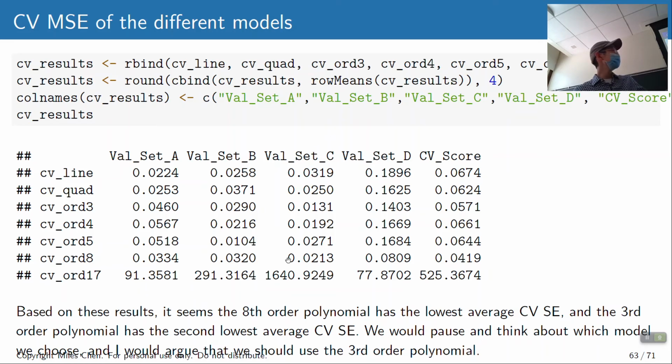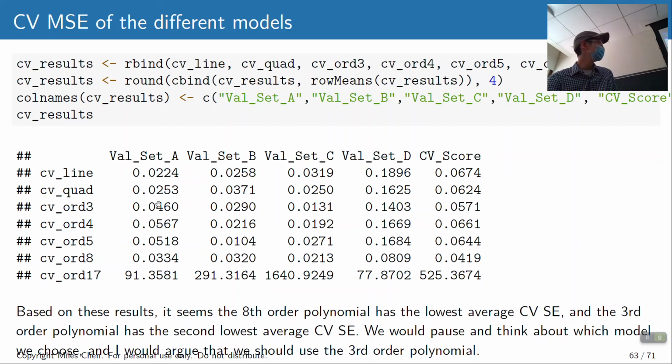And you can imagine going through the same thing, and we had a cross-validation error of 1,640 for that 17th order polynomial, okay? And we could do the same thing for validation set A, set B, set C, and set D to see what kind of errors we get.